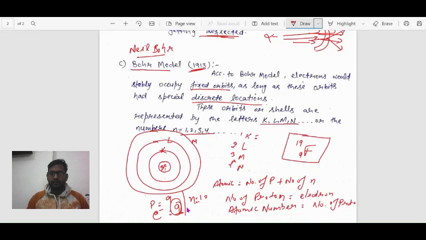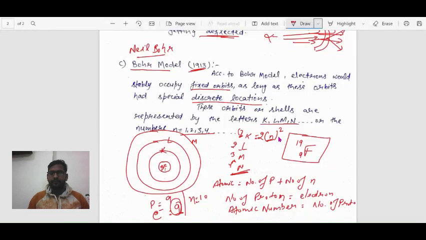Niels Bohr told that electronic configuration depends on the orbits. He gave the formula 2n squared, where n is the number of the shell: for K it's 1, for L it's 2, for M it's 3, and for N it's 4.